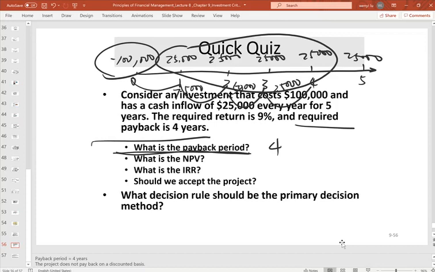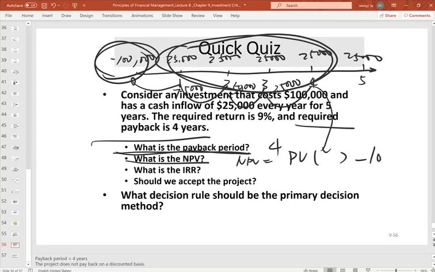What's the NPV method? What's the NPV calculation? NPV is the PV of the future cash flows minus the initial cost. Like I mentioned, you can use different ways to solve this one. You can use the CFT.